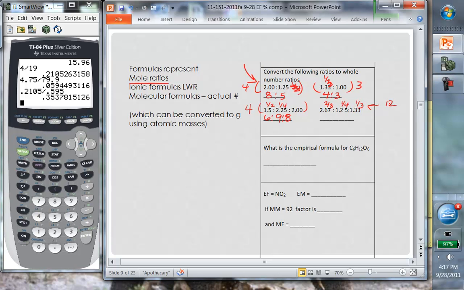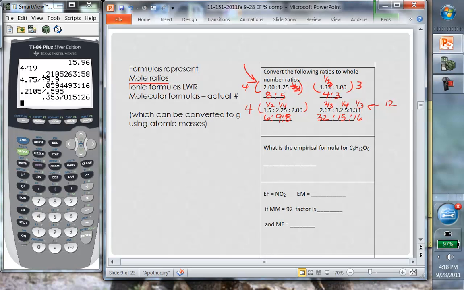I need to multiply each of these numbers times 12, and I get 32 to 15 to 16. So I get a much larger ratio, but I finally get them into whole numbers.